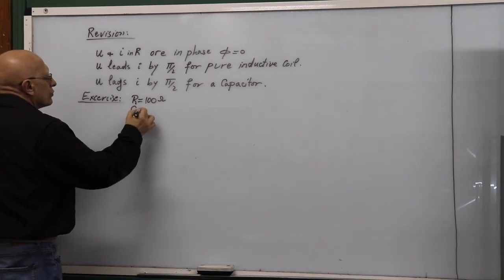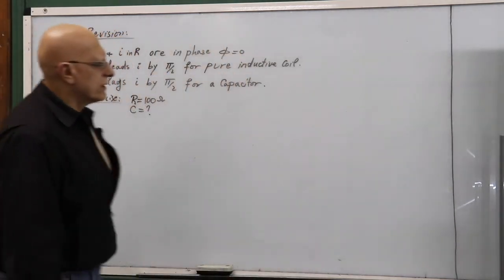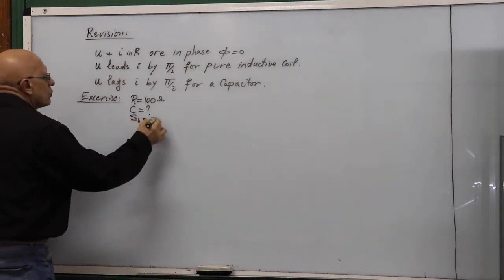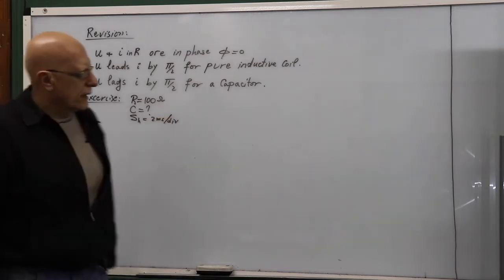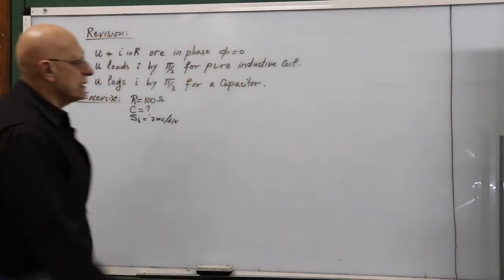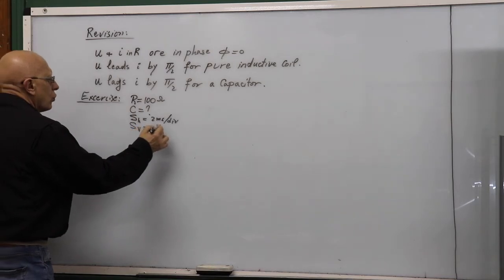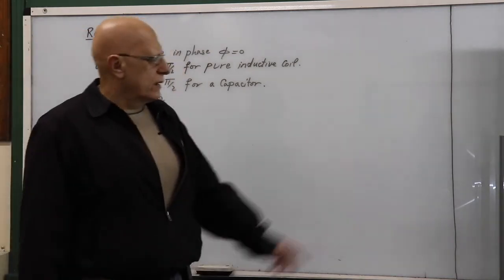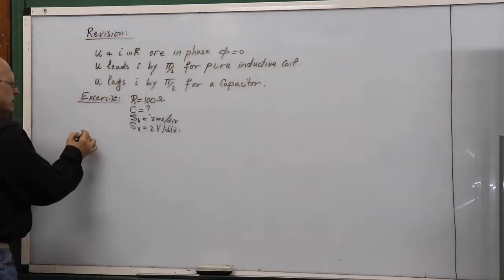We want to determine C. Also, the time base SH equals 2 millisecond per division, and SV equals 2 volt per division.